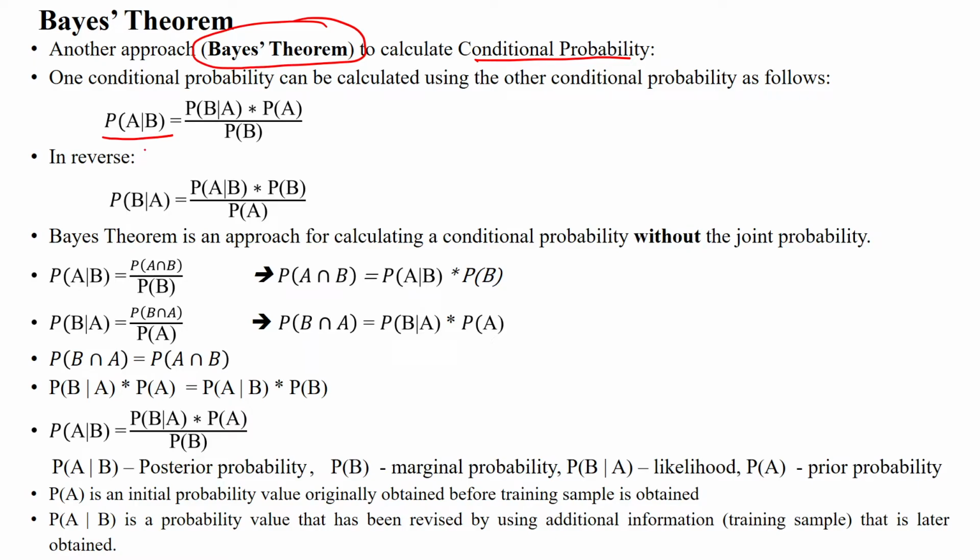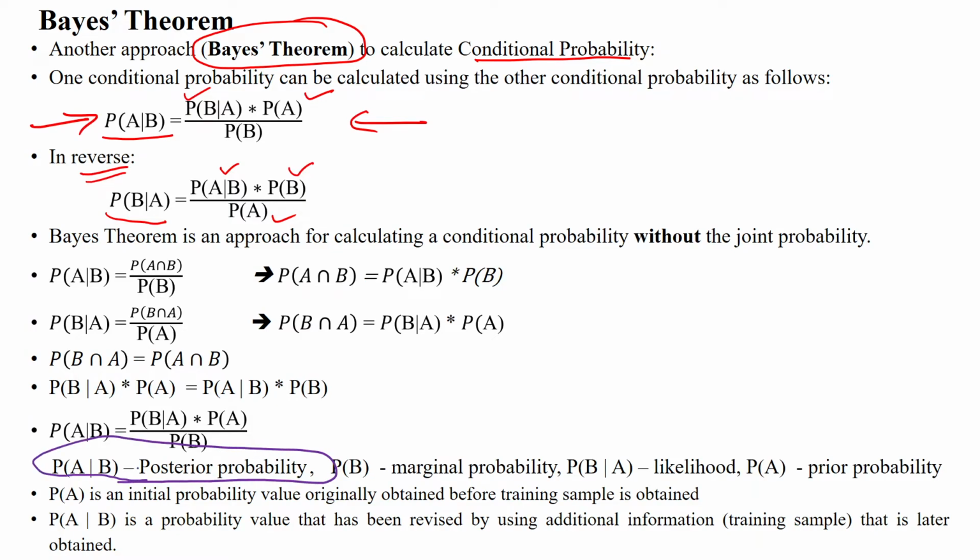Okay, so here the Bayes theorem: probability of A given B is equivalent to probability of B given A multiplied with probability of A divided by probability of B. In reverse, we can say probability of B given A equals probability of A given B multiplied with probability of B divided by probability of A. In the first equation, probability of A given B is called the posterior probability.